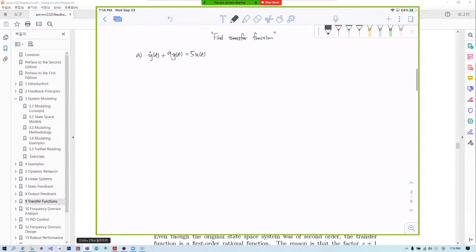So what we have to do first is change everything and express everything in Laplace domain. So we take the Laplace transformation of this entire equation, and what we're going to have is s times Y of s plus 9 times Y of s is 5 times U of s, right? And then we factor out Y of s.